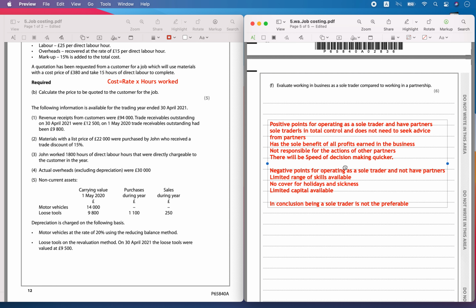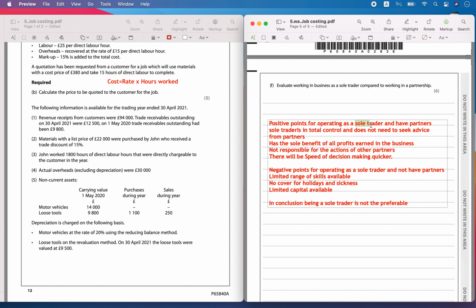Okay, then the next one is: evaluate working in a business as a sole trader compared to working in a partnership. So what is the advantage of operating as a sole trader rather than having a partner? Here he is working as a sole trader and does not have partners. So he has total control, and he will not seek advice from a partner.